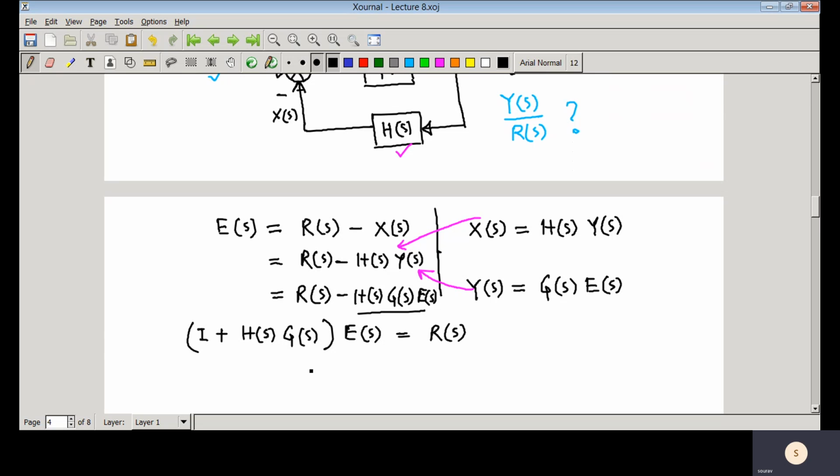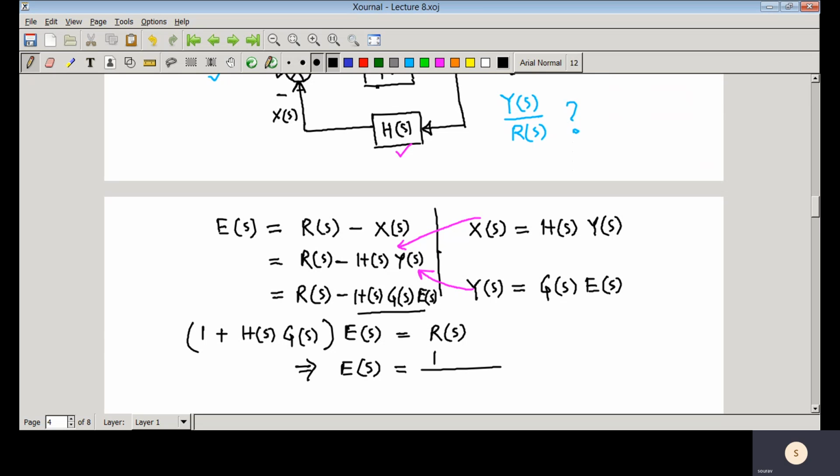So from here you can see that E(s) equal to 1 by... It is a single input single output system, just for better understanding, that's why I'm removing that I, but it also holds for a multi input multi output system. In that case you need to write this as I, and you cannot do that division, so basically you need to write the matrix inverse.